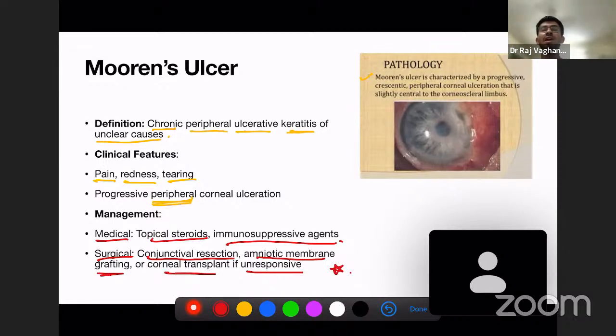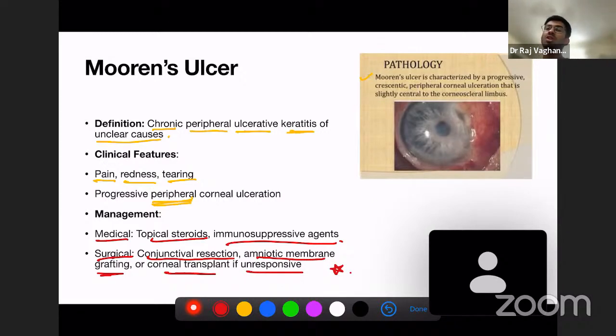Amniotic membrane grafting can also be done in place of cornea. In conjunctival resection, you are removing a part of the conjunctiva in which the cornea is inflamed, and you can also give corneal transplant if unresponsive. First you have to give topical steroids or immunosuppressive agents topically. If it is not responding, then you have to surgically intervene.